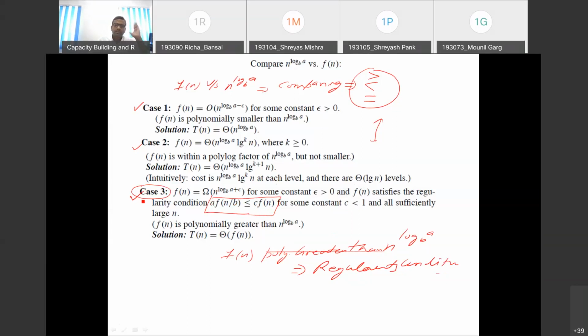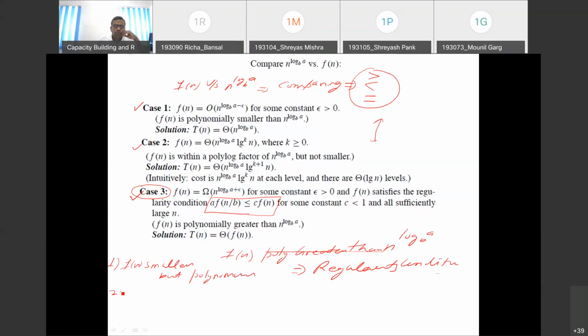Fine. So there were three gaps identified where the master theorem is not applicable. Case number one is when f of n is smaller but not polynomially smaller.